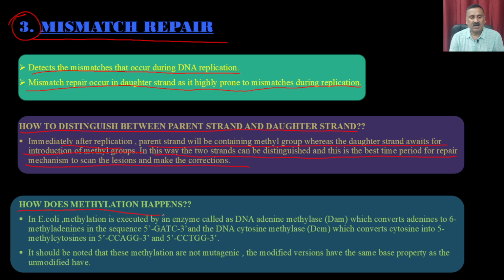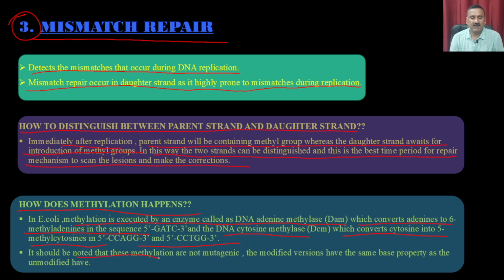How does the methylation occur? In E. coli, the methylation is executed by an enzyme called DNA adenine methylase, which converts adenosine to 6-methyladenosine in sequences like GATC, and the DNA cytosine methylase, which converts cytosine into 5-methylcytosine in the 5' sequences.